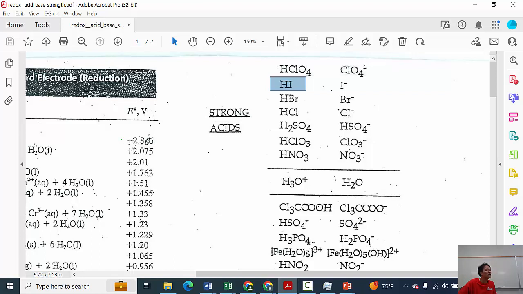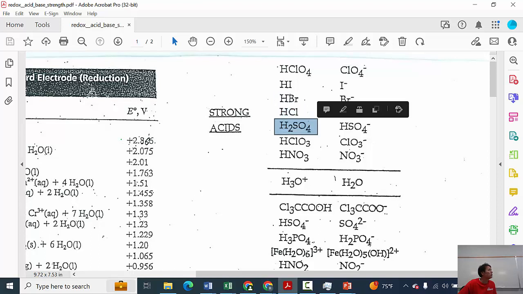HI is called iodic acid. Close. Hydroiodic acid. Is that what HBr is? Bromic acid. Hydrobromic acid. HCl is hydrochloric.